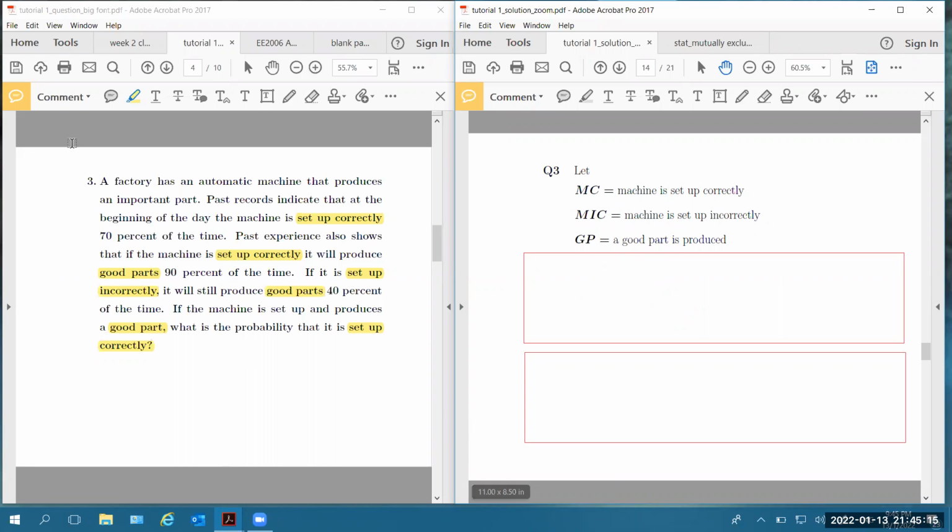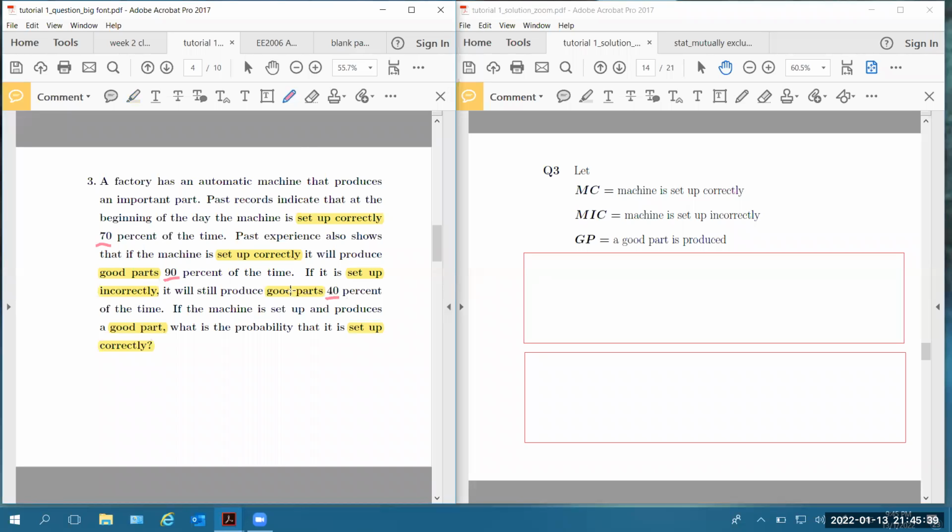Now the events are defined. Then what's the next thing? Inside our question there are some numbers, so I guess those numbers have some importance. You see here, 70%, and 90%, and 40%.